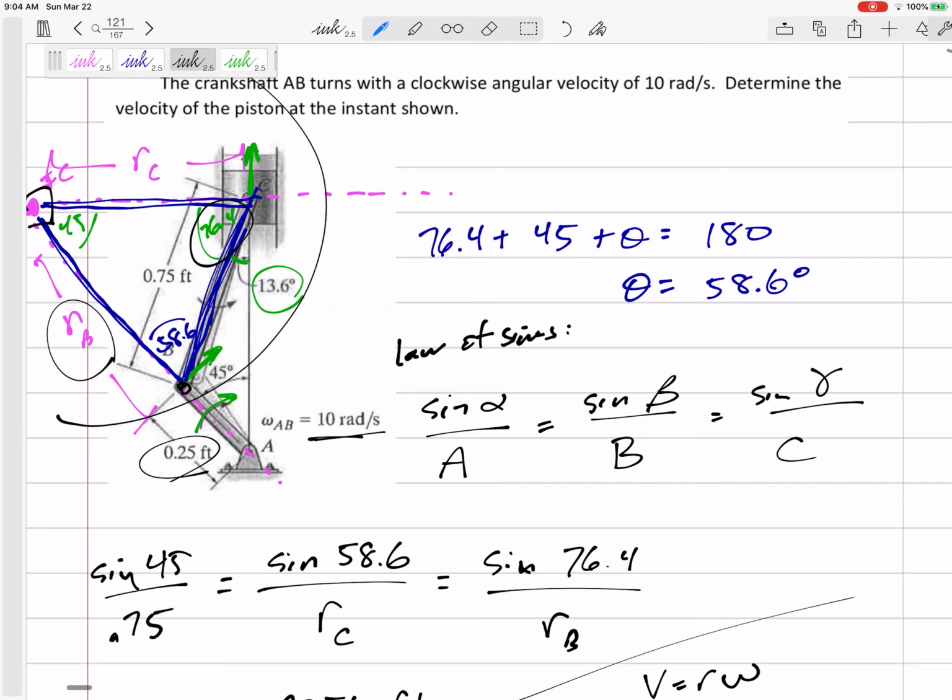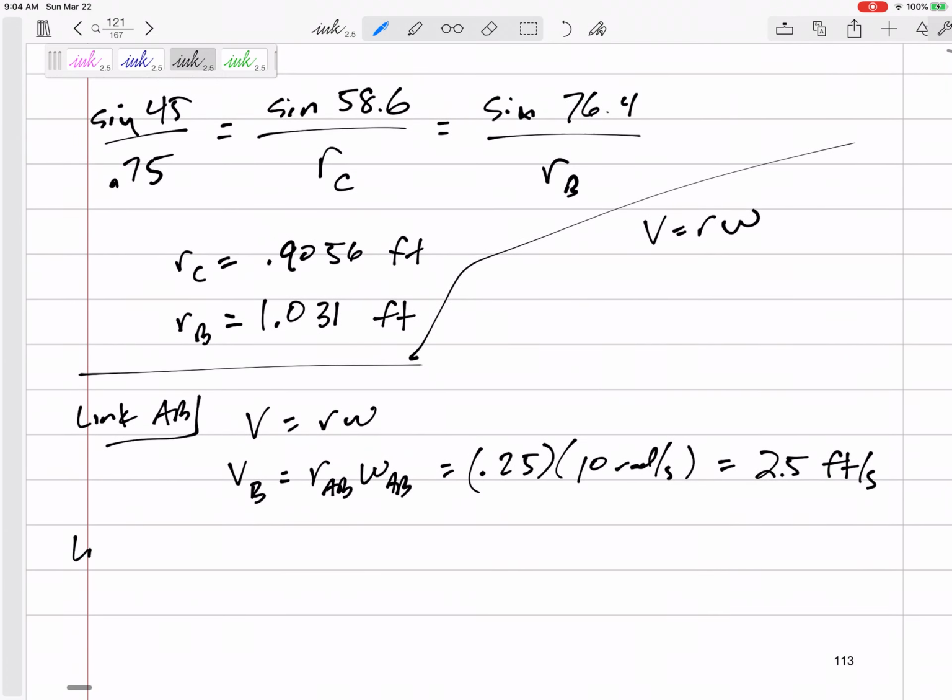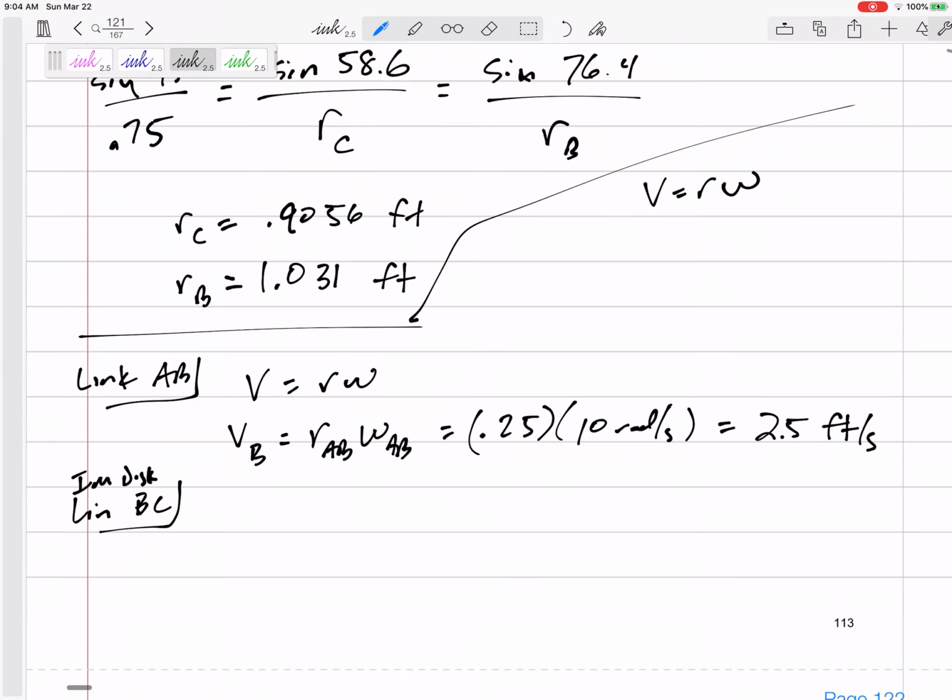See? So let me remind myself, I'm looking at link BC, which is really the imaginary disc. I'm looking at the instantaneous center, and the only equation I'm going to use is V equals R omega.